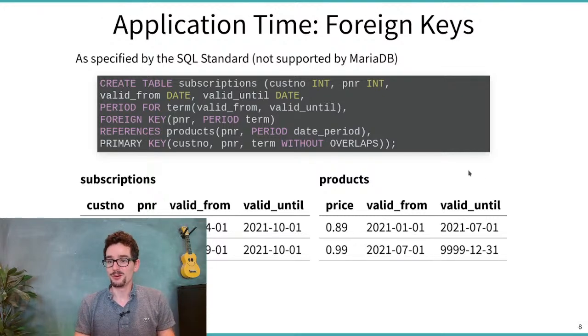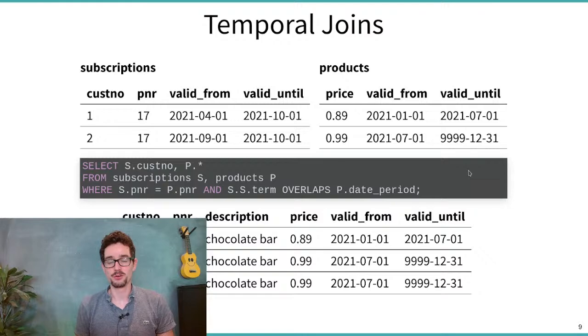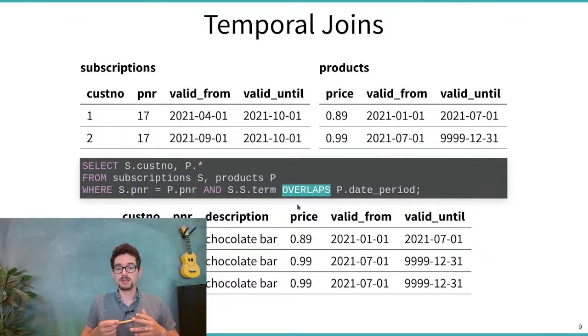And when we have foreign keys, we also have the concept of temporal joins. So we now have our predicates that we saw on the other slide, like overlaps, and we use this now in the join predicate.